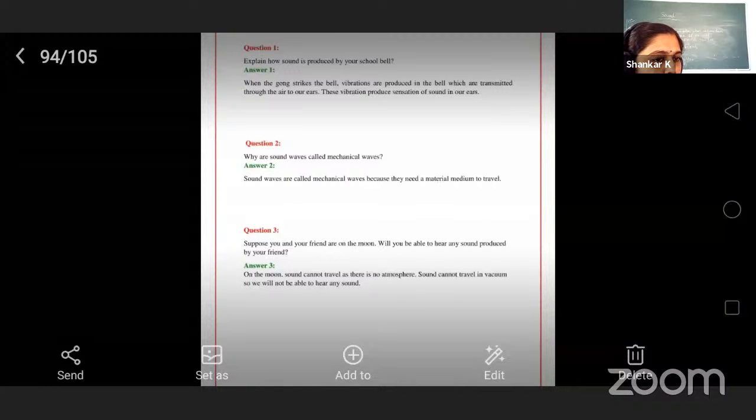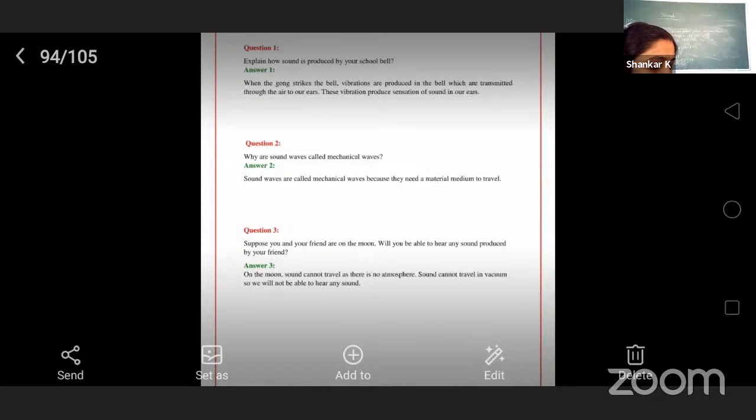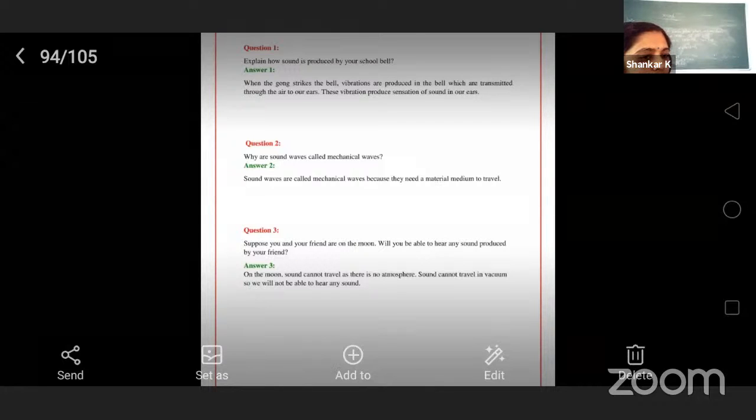Here, explain how sound is produced by the school bell. So the school bell, how you can hear it, how it is produced. When the bell, which we call a gong, is struck with a hammer, vibrations are produced in the bell, which are transmitted through the air to our ears.